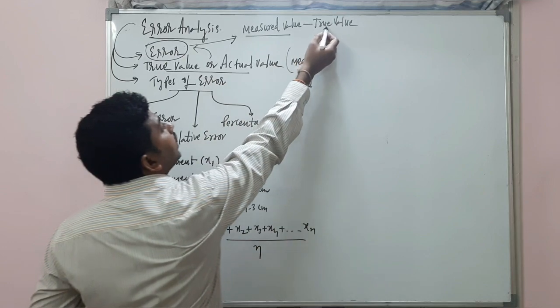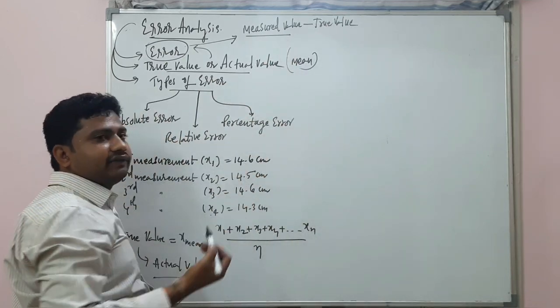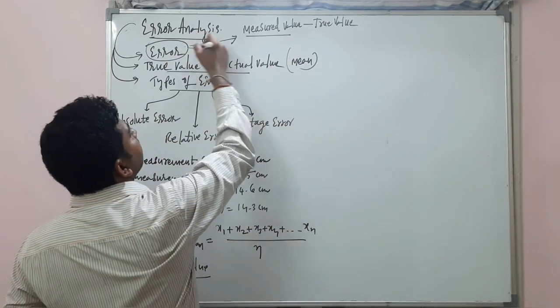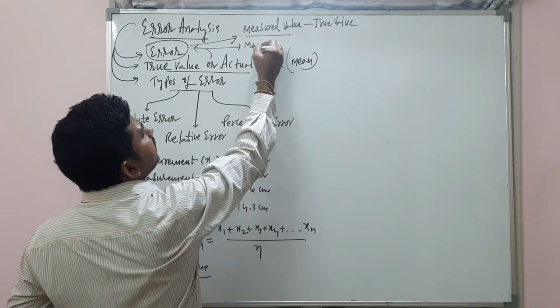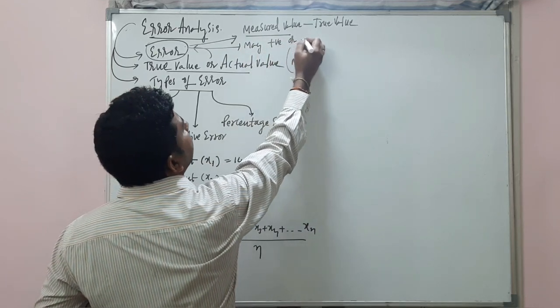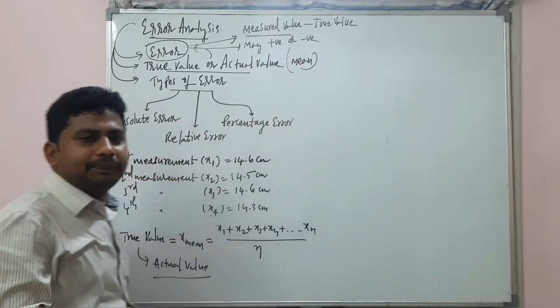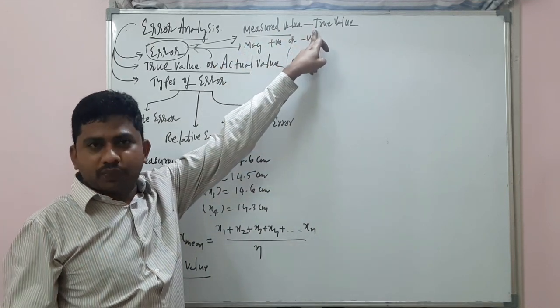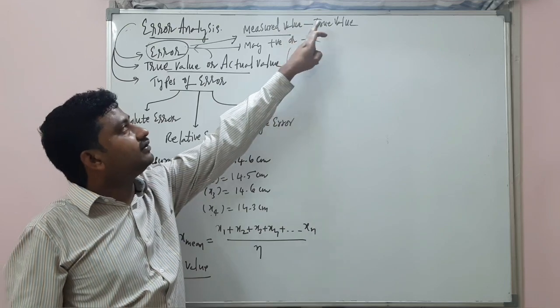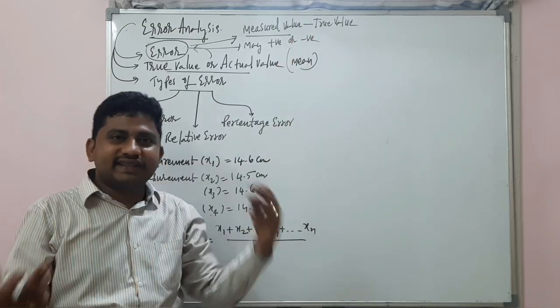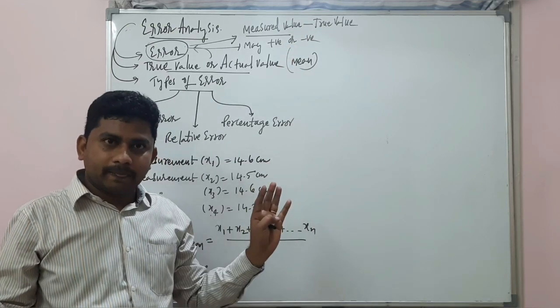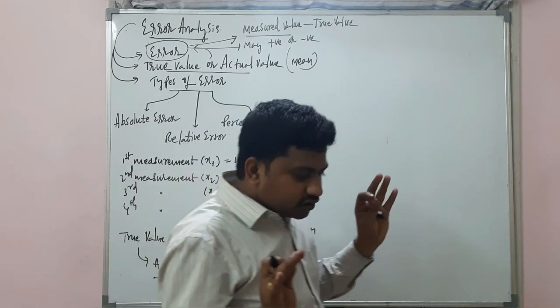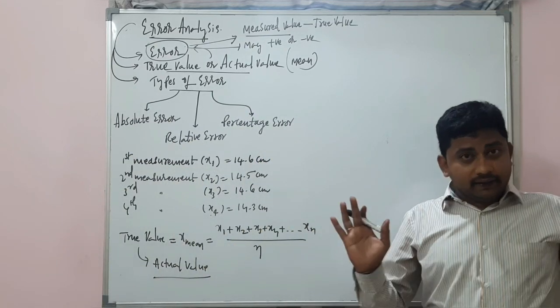If the true value is more comparatively, the error will be negative, right? So this error may be positive or negative. No confusions. If this measured value is more than true value, you get error is positive. If your measured value is less than true value, you get error is negative. No confusions at all. My dear students, I hope you are understanding it very well.